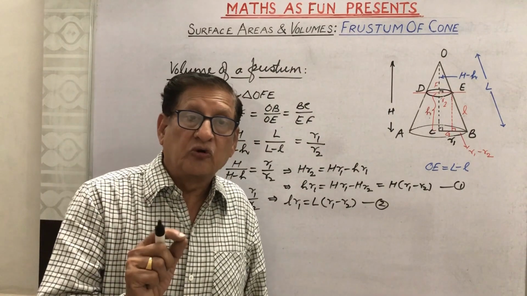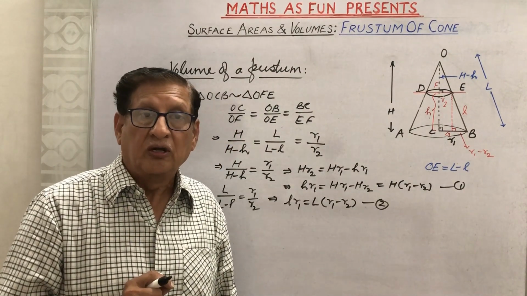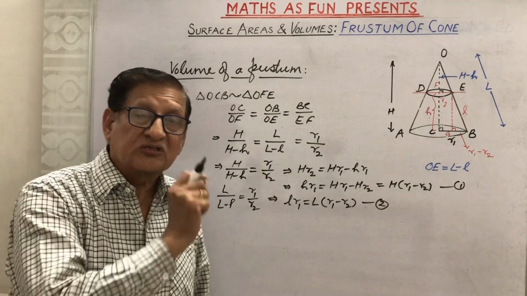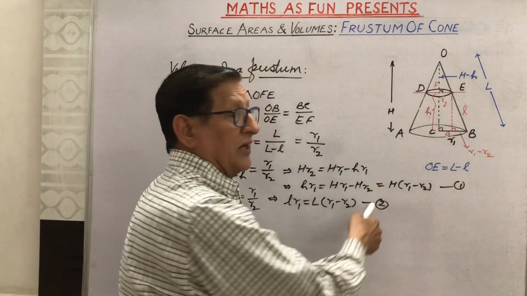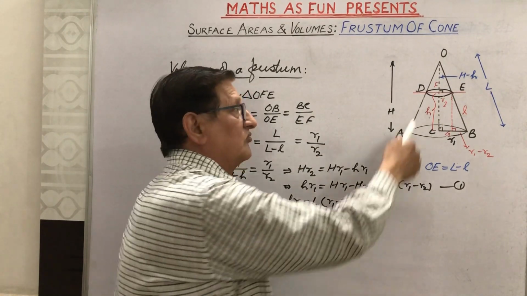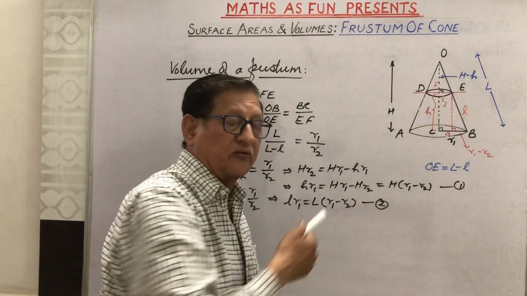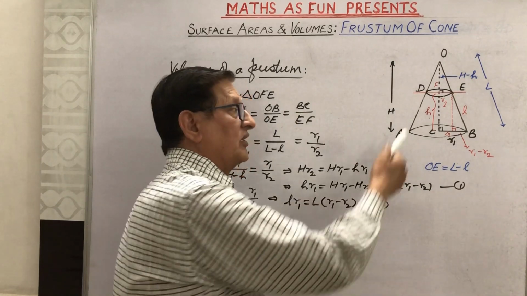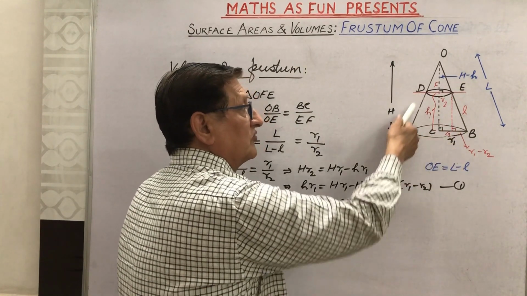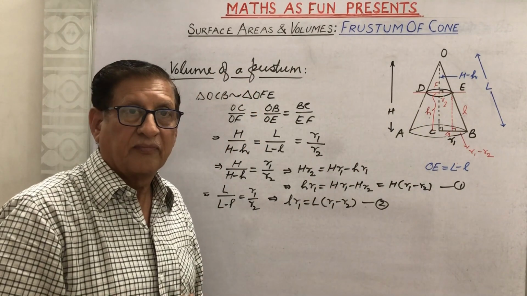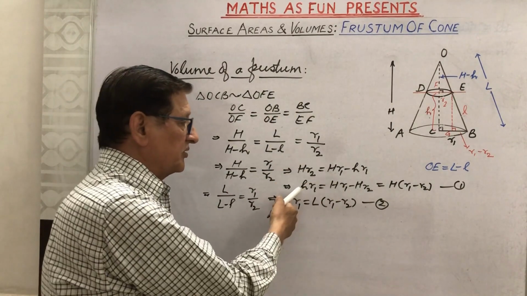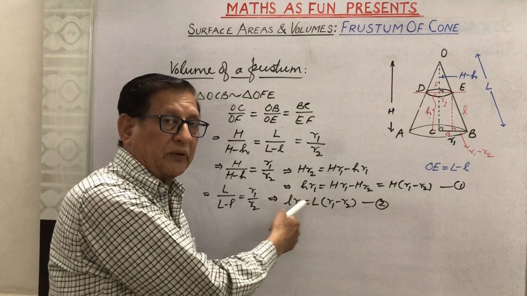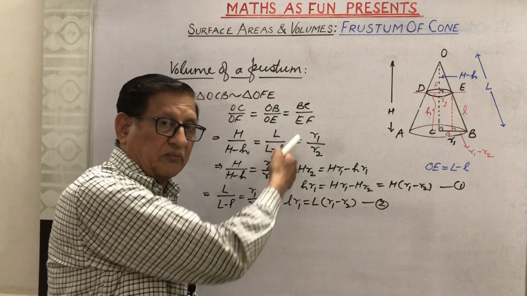Now to find out the volume of a frustum of a cone, what we will do? We will do the same thing here. We will find the volume of the complete cone, and if we subtract the volume of the upper part of the cone which has been cut from it, then will that give us the volume of the frustum? This part is to be same because we have to find out the relation between small h and capital H. We have already completed it.